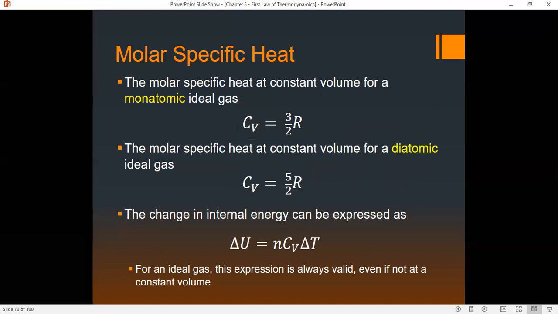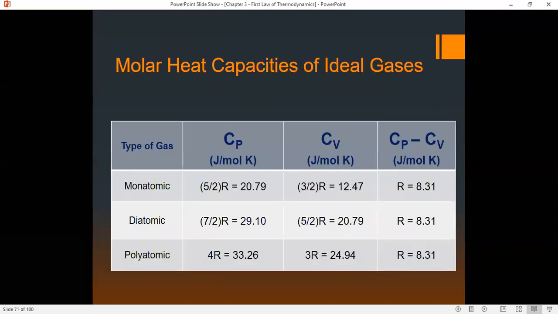Now, again, we look at these values for different gases. And again, this is assuming an ideal gas. Here again is Cp, here's Cv. Monatomic, like helium, neon, argon, these would all approximate these pretty well. Again, the difference is just R between the two.